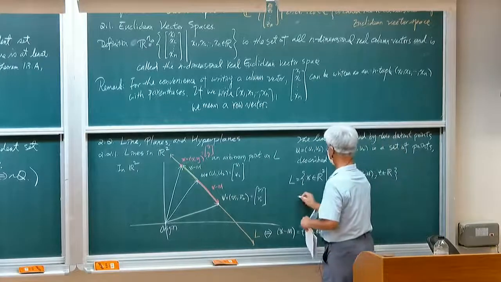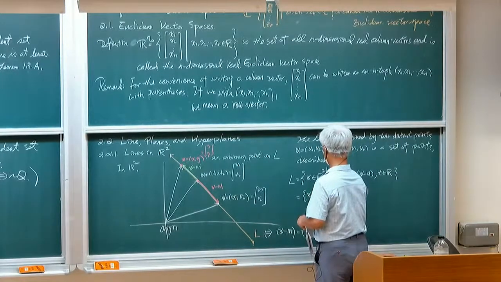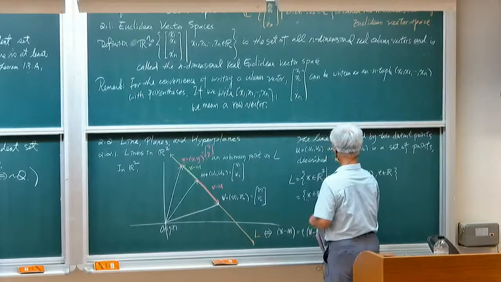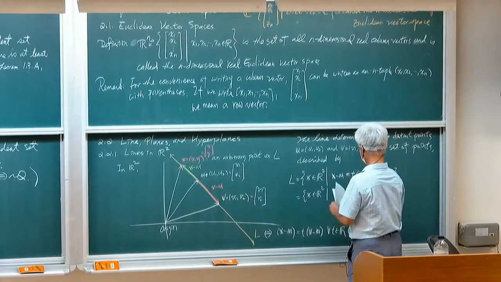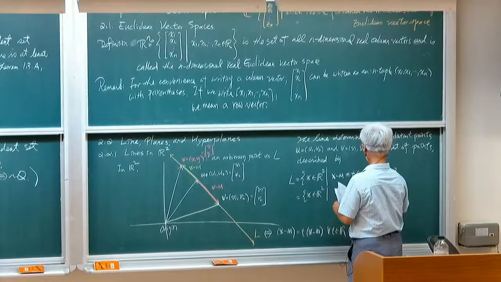Or sometimes you may describe it by saying that x is equal to u plus t times (v minus u).